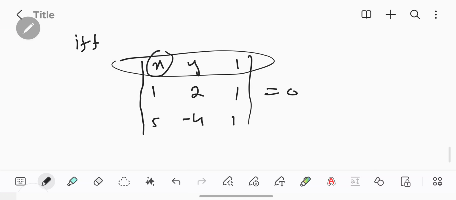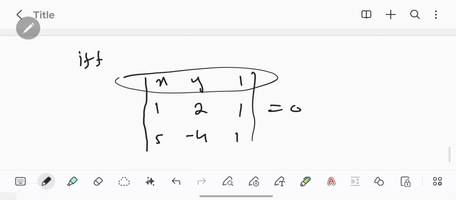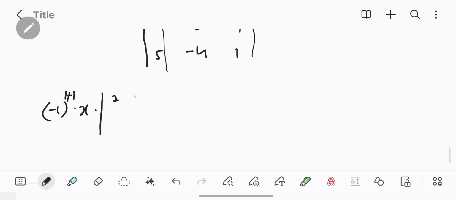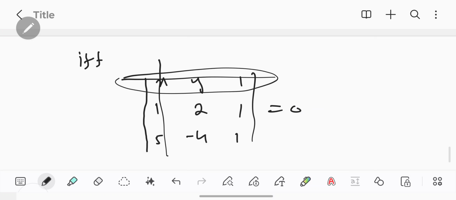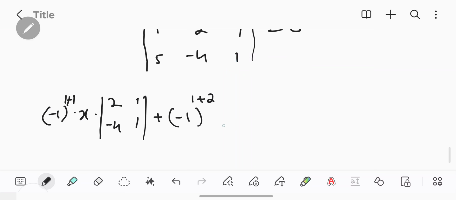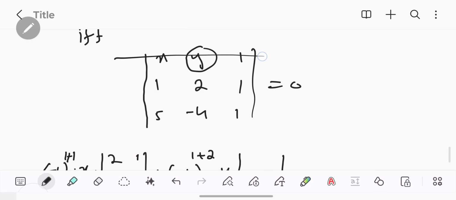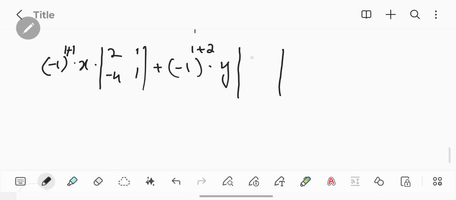First x: negative 1 to the power 1 plus 1 times x times the determinant obtained by deleting this row and column, 2 1, minus 4 1, plus again minus 1 to the power 1 plus 2 because this number is lying on the first row and second column, times y times the determinant obtained by deleting this row and this column, 1 1, 5 1.